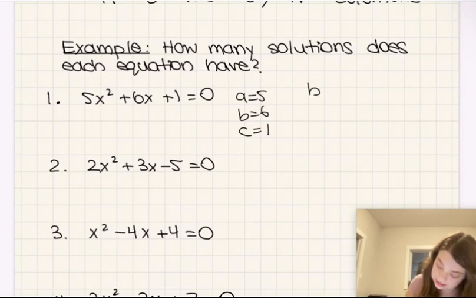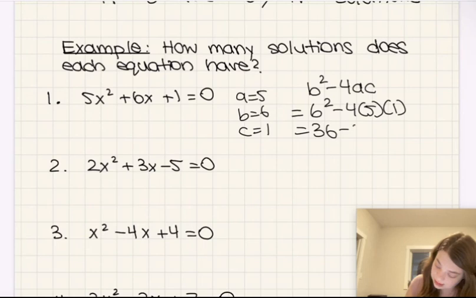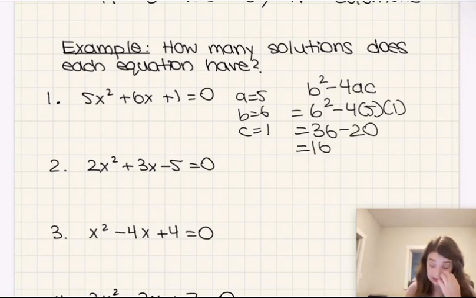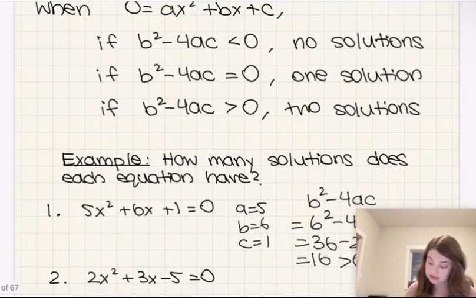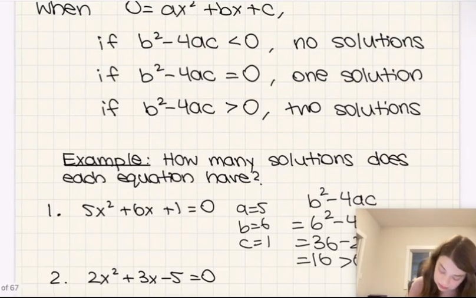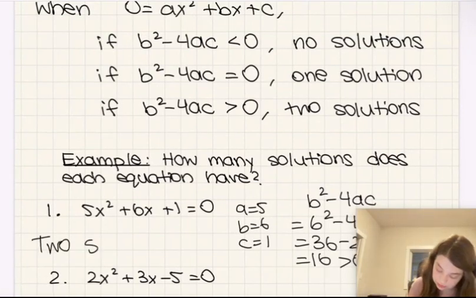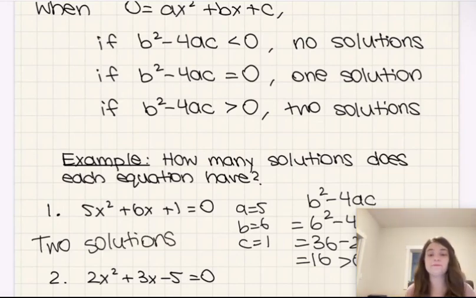So b squared minus 4ac is 6 squared minus 4 times 5 times 1, which is 36 minus 20, which is 16. Now 16 is greater than 0, so it falls into the third category, meaning this one has two real solutions.